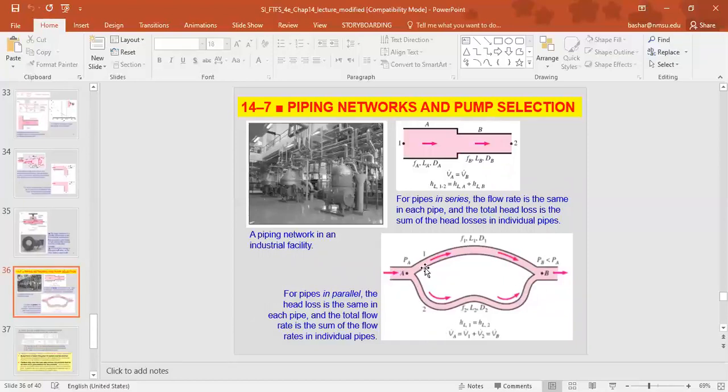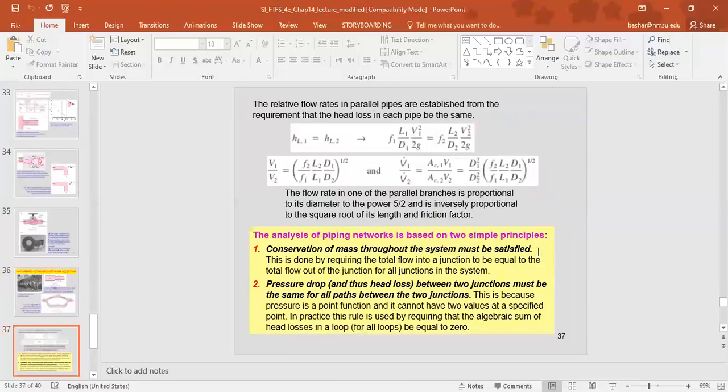While the volume flow rate at A equals the volume flow rate at branch 1 plus the volume flow rate at branch 2, and then they combine together to equal the volume flow rate at B. These are the laws here, which may be used to find the velocity. This represents the velocity ratio between 1 and 2, where 1 and 2 represent the branches that the pipe took, and here in terms of the volume flow rates.